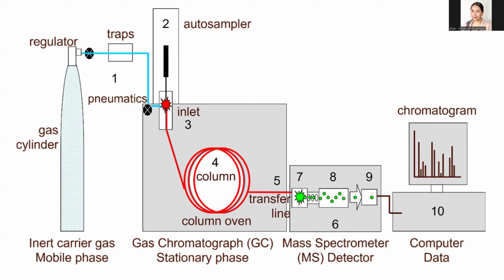So these fragments are then accelerated into a mass analyzer, which sorts them based on their mass-to-charge ratios. So napag-usapan na natin yan sa lecture. The detector records the abundance of each fragment, producing a mass spectrum, which is a unique fingerprint of each compound that helps identify its molecular structure.